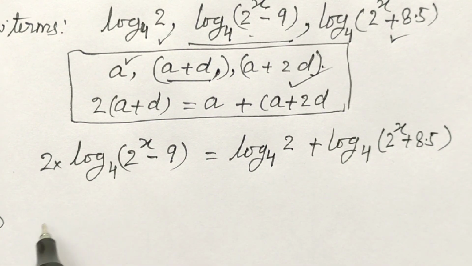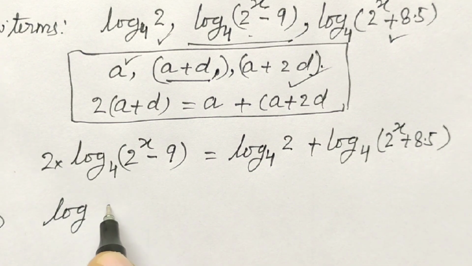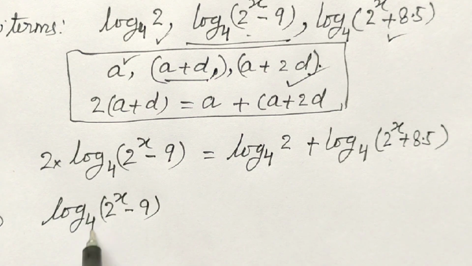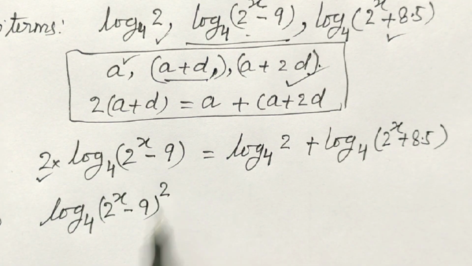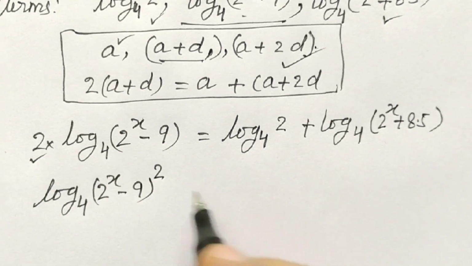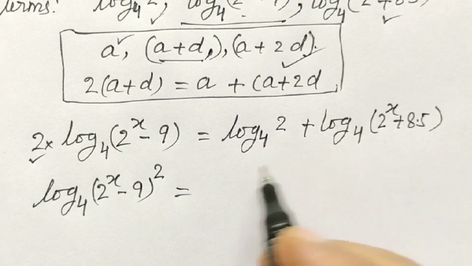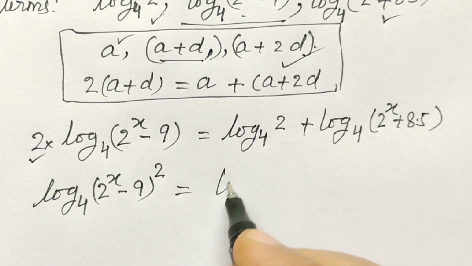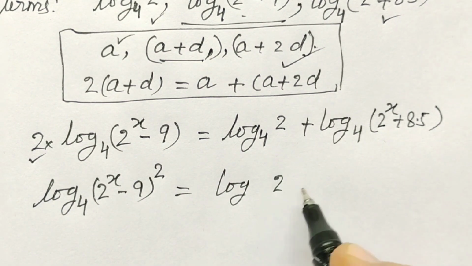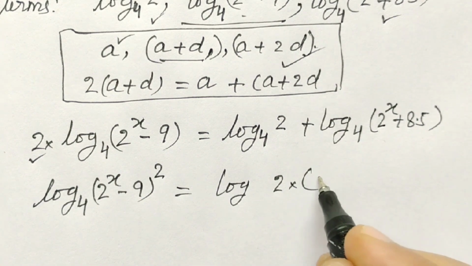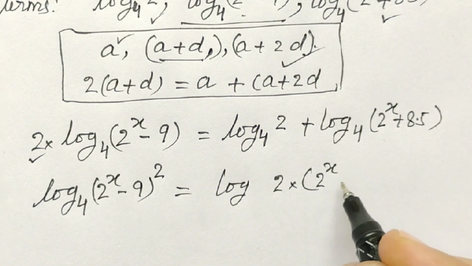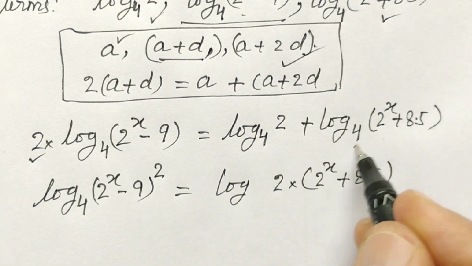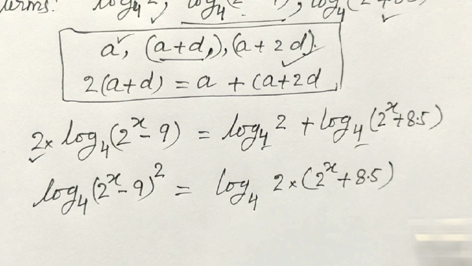Now this can be written, using log m plus log n, as log of 2 into 2 to the power x plus 8.5 to the base 4.